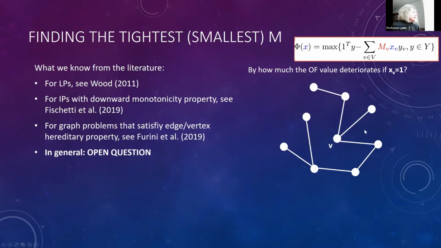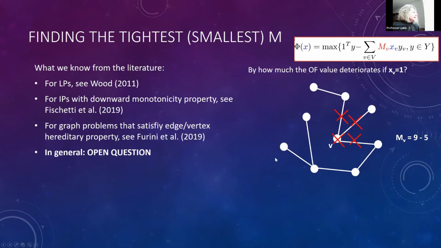So basically, this is our optimization problem that we are looking at. And it turns out that the big M's here correspond to the largest deterioration of the objective function after removing the vertex V. So if we are given a tree like this, the question would be, okay, this is a connected component of 9 vertices, but if we interdict this vertex, then the objective function deteriorates and the largest connected component has a size of 5 only.